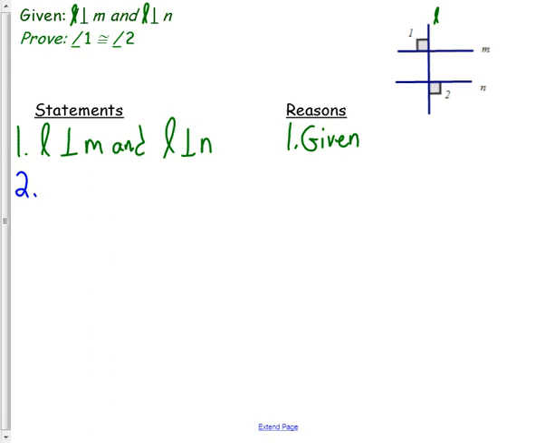Now, you have to look at what information do we have and where are we trying to go. What does it mean to be perpendicular? Our definition of perpendicular is that they intersect to form right angles. So what we can do is say that angle 1 is a right angle, and we can also say that about angle 2.